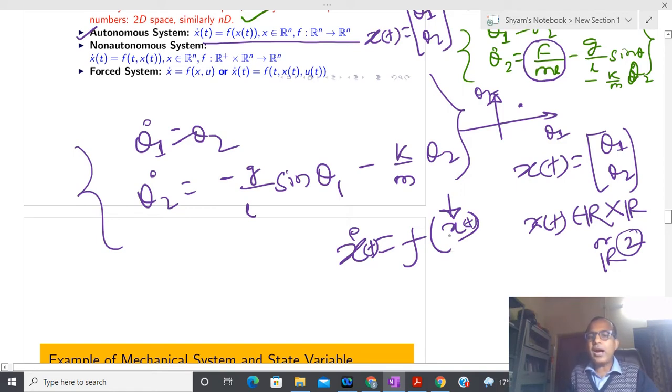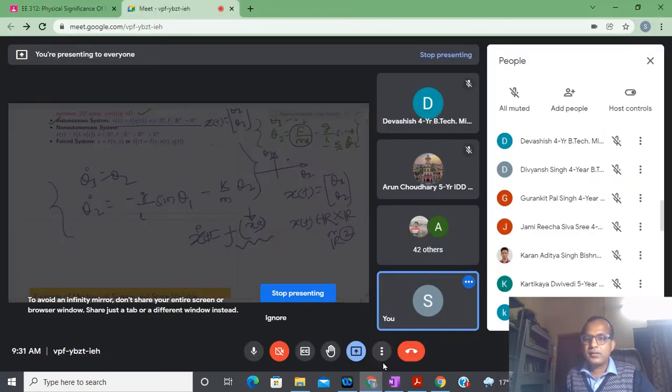Now I am asking what is f(x). First, Devasis, could you please tell me whether f(x) is a scalar quantity or a vector quantity? A scalar or vector?